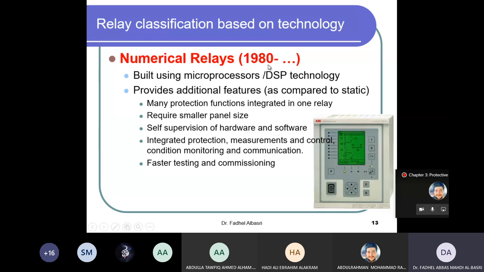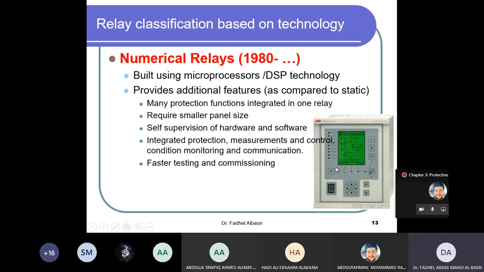in the 1980s and after, they developed the numerical relays, the microprocessor-based relays. So these are based on microprocessor and DSP technology, and they provide additional features as compared to the static.